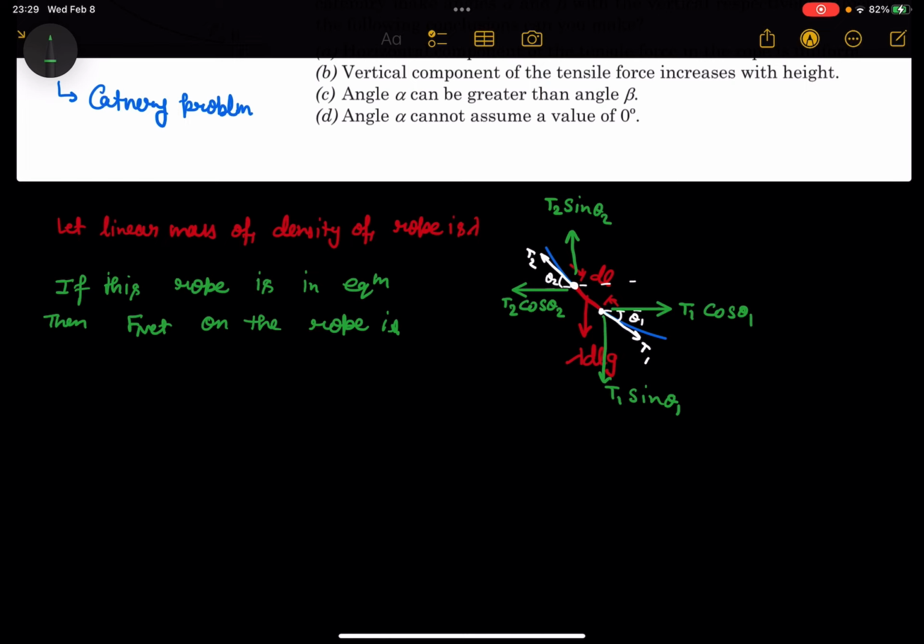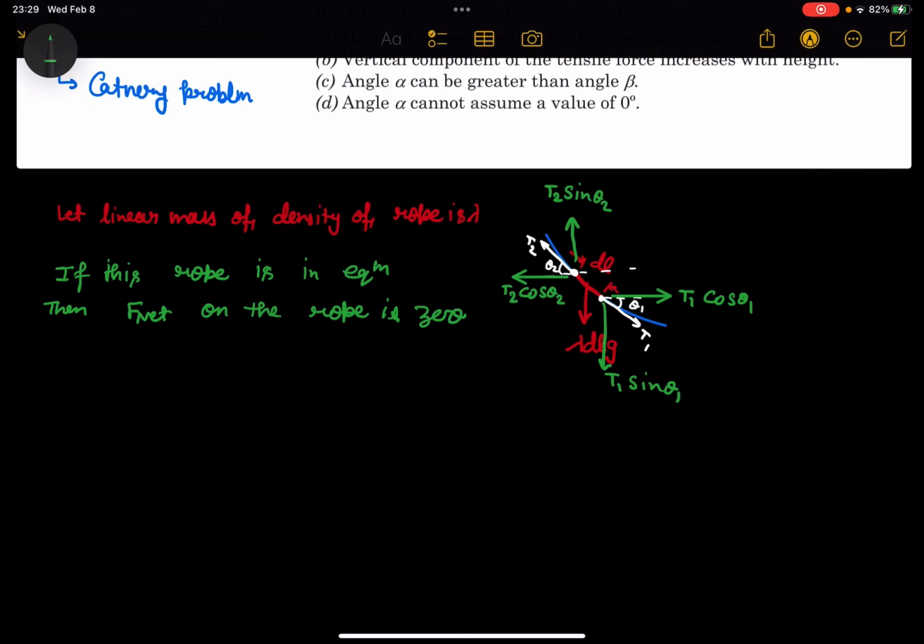If the net force on the rope is 0, then leftward force is equal to rightward force, and upward force is equal to downward force. On this basis, we can say that T1 cos theta 1 is equal to T2 cos theta 2. So you can say that the horizontal component of tensile forces is everywhere uniform.